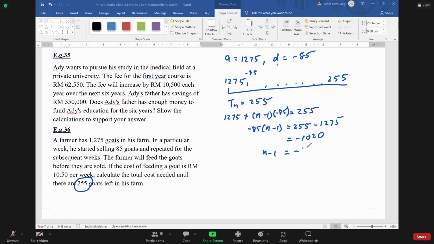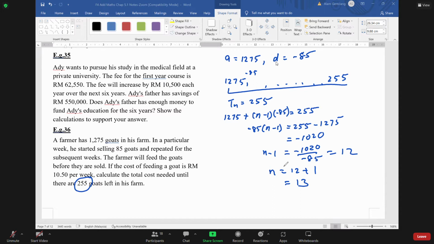So negative 1020 divided by negative 85, you get 12, right? So n is 12 plus 1. So that means 13 weeks. The farmer needs 13 weeks to sell the goats from 1,275 goats to 255 goats.